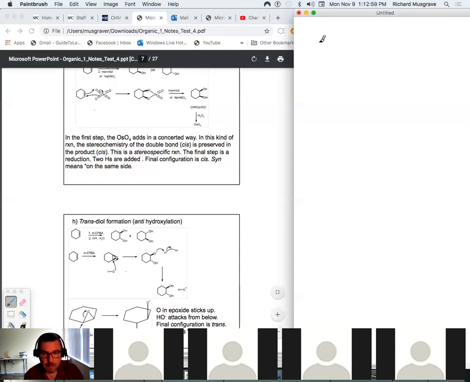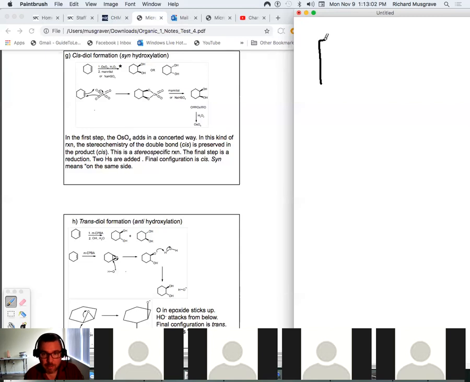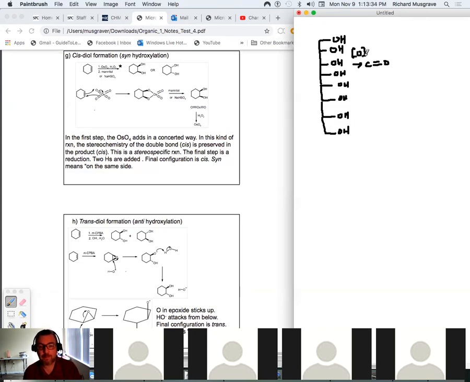Mannitol looks like this: 1, 2, 3, 4, 5, 6. One thing you'll notice is it has a lot of OH groups on it. It's a good reducing agent because it can be oxidized in many instances to a C double bond O. I'm not going to do it for all of them, but you can get that.